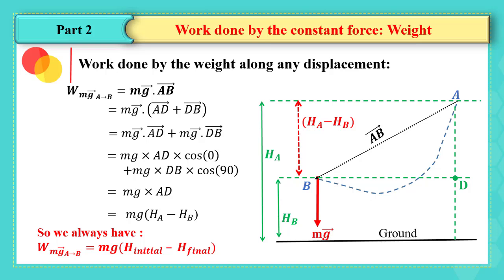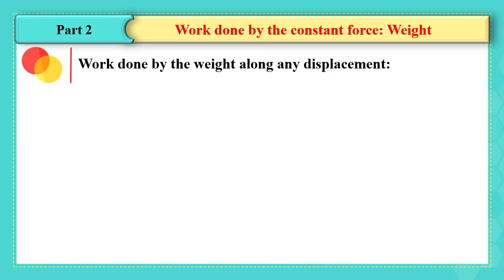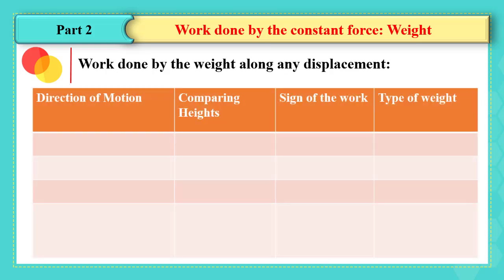It is good now to discuss the different directions of the object during its displacement and the different natures of weight. In the ascending path, where the object moves up, H initial is less than H final. Then the work done here is negative. Thus, the weight in this case is a resistive force.